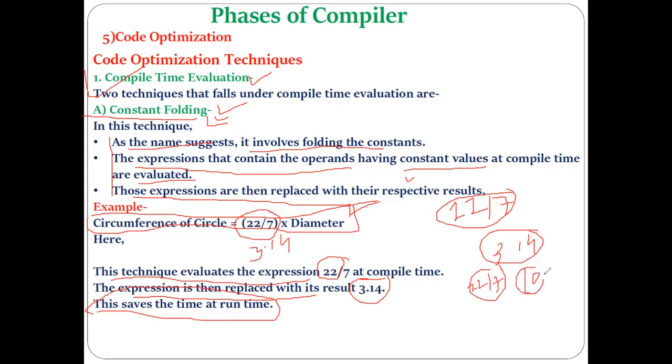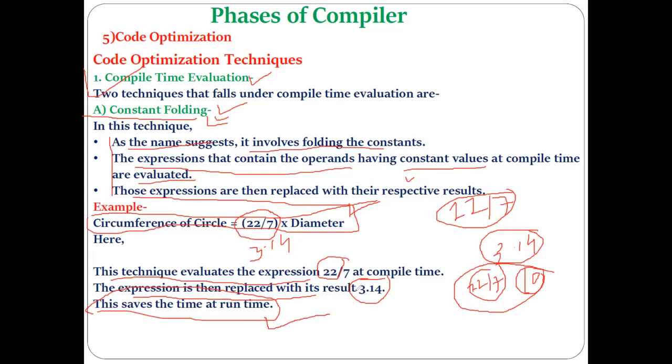It depends on your program. But once it is computed at the compile time and replaced with 3.14, there is no need to compute 22 by 7 10 times during the runtime. If it is not required, then definitely the runtime will be saved, and your program will be executed faster.